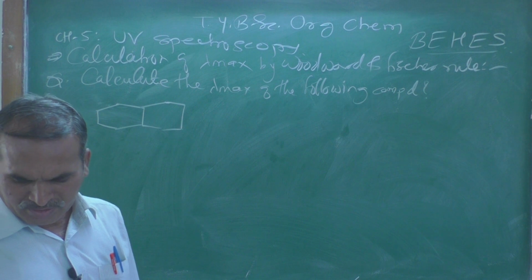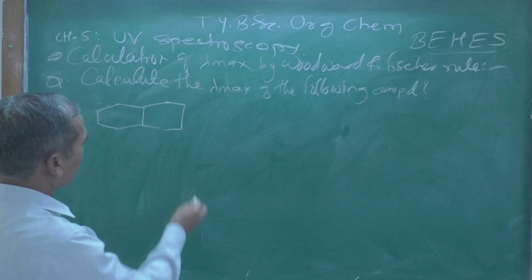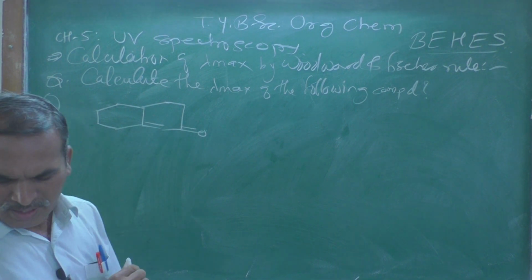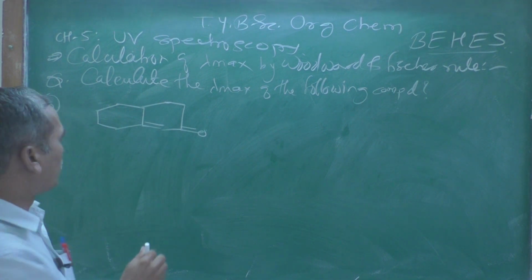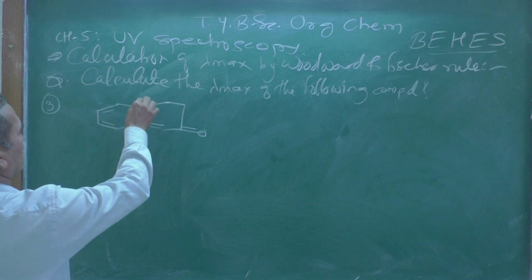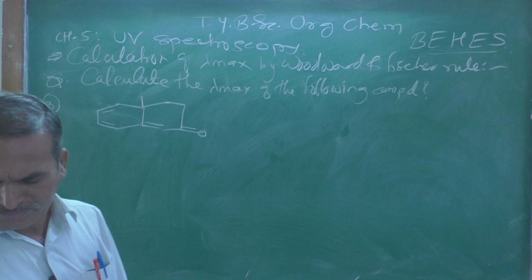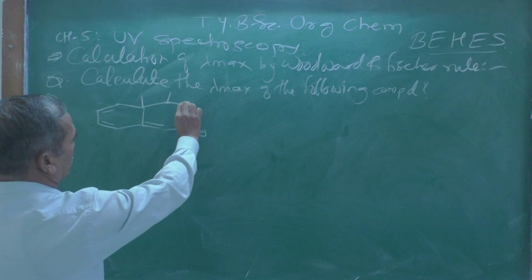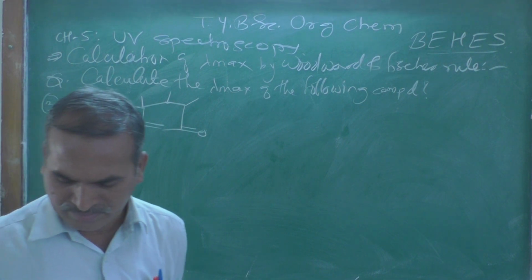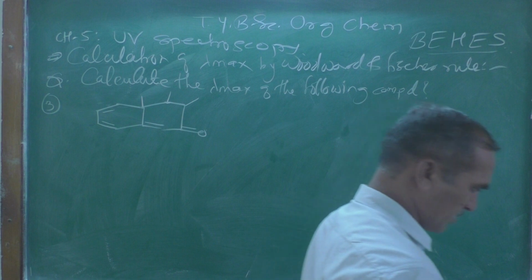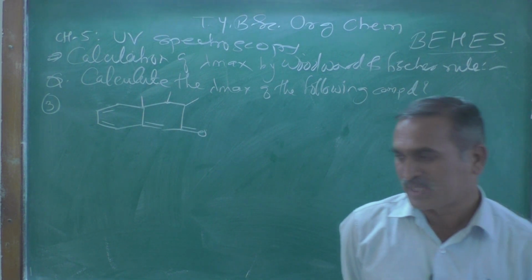Here is C double bond O, and one double bond here, another double bond here, with one methyl group attached here, another methyl attached here, and another methyl group attached here. These are the attachments of the methyl groups.